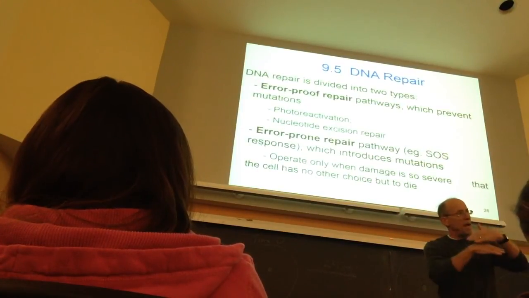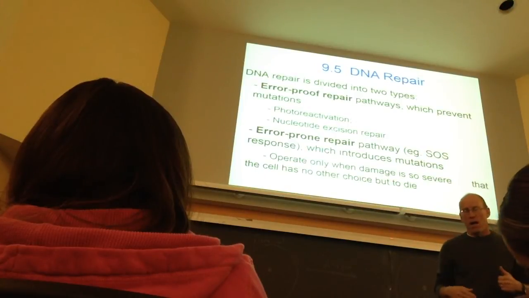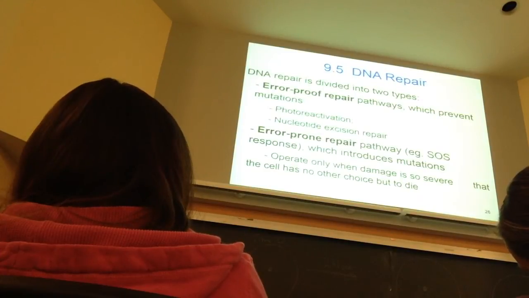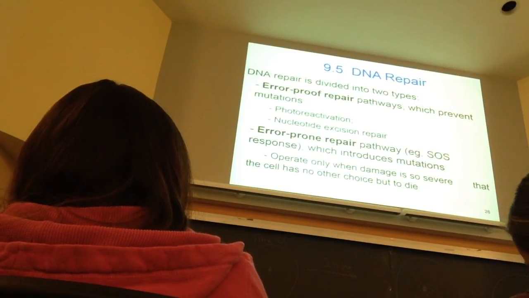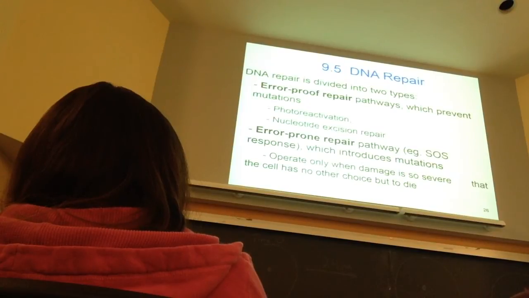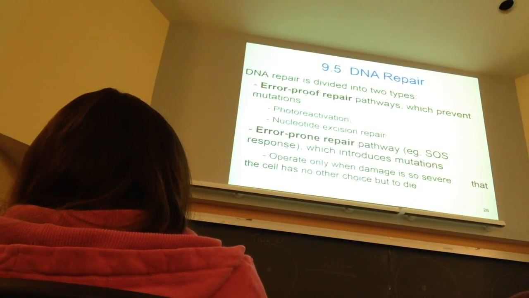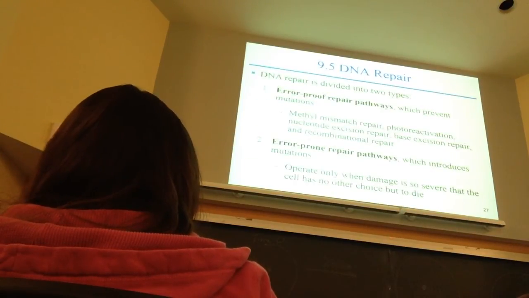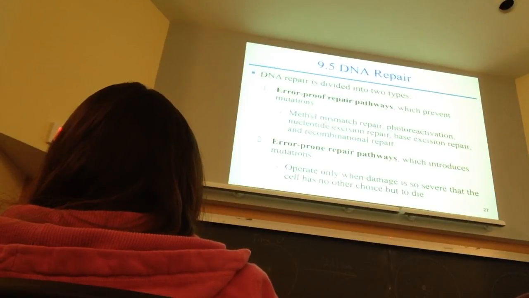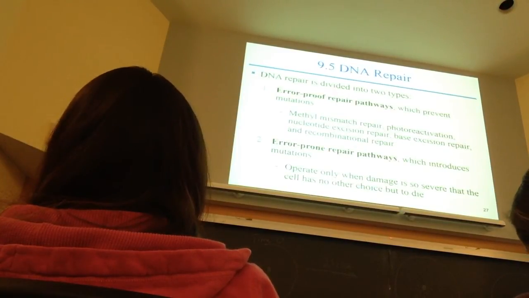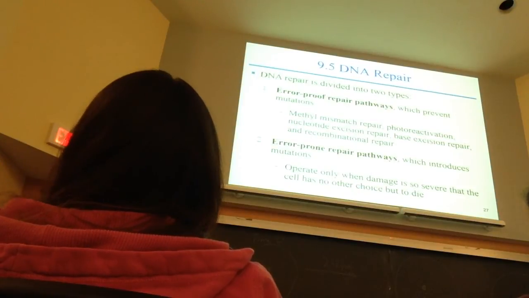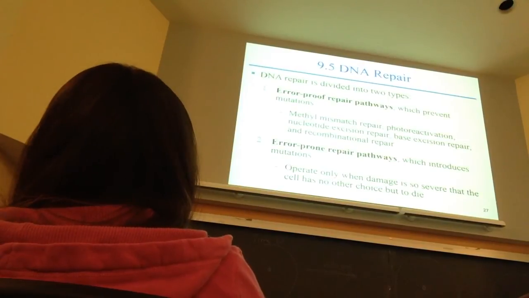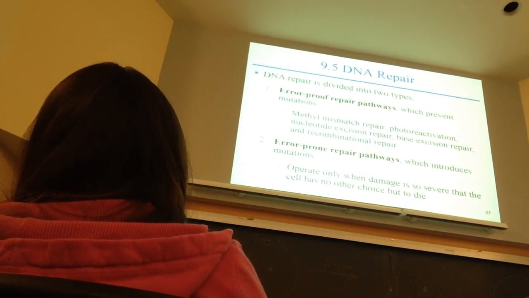And you have got to repair that DNA, otherwise you're going to die. And I'm talking about the bacteria are going to die in a matter of minutes. And so huge numbers of mutations are introduced immediately just to repair the DNA. So this is the error-prone pathway, the SOS response. I've really already covered error-proof pathways, and just in mentioning those, we're going to look at the SOS response, which is an example of the error-prone repair pathway.